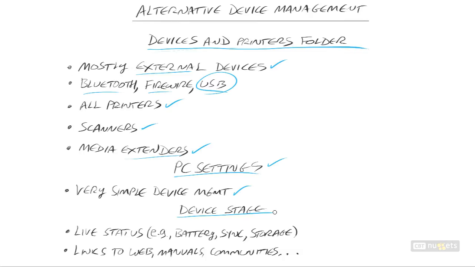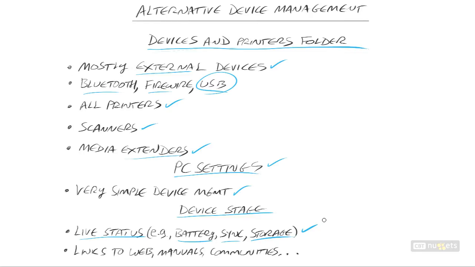So, for example, if I had one of those Windows phones, or one of the Surface tablets, I could attach those things, and it would show me a photorealistic picture and live status of that device, how much battery life it has available, whether or not it's synchronized yet, how much storage I have left. All of those types of things, like the phones or the tablets, should give me that sort of information.